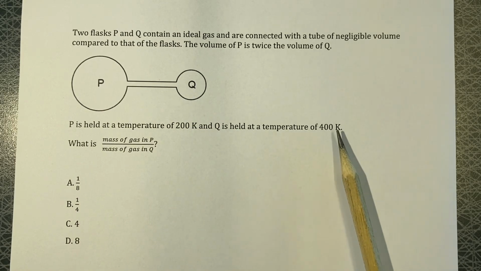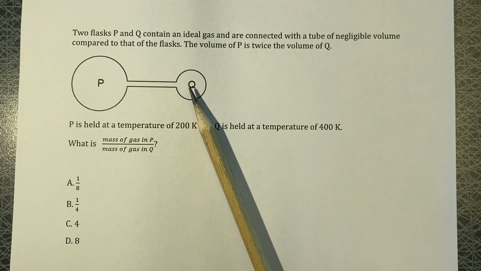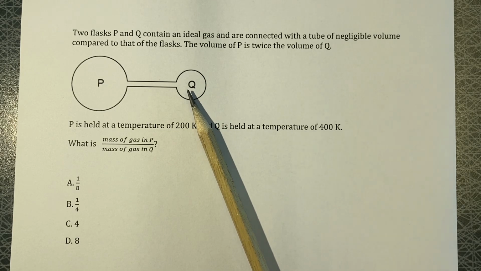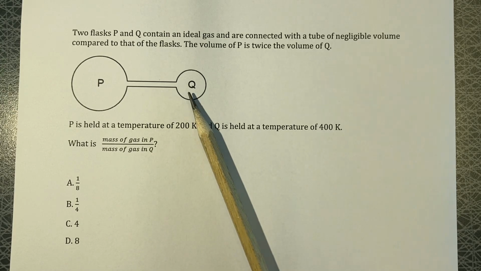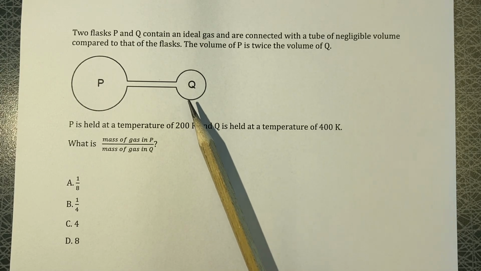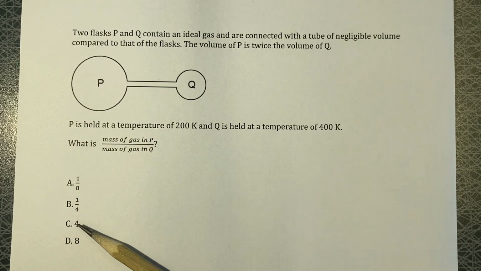Because with a higher temperature, you need fewer molecules to have the same pressure. Therefore, we know that there will be even fewer molecules here if the temperature is higher here. So instead of twice, there will be more than twice. Well, maybe 4 or 8 times as much.